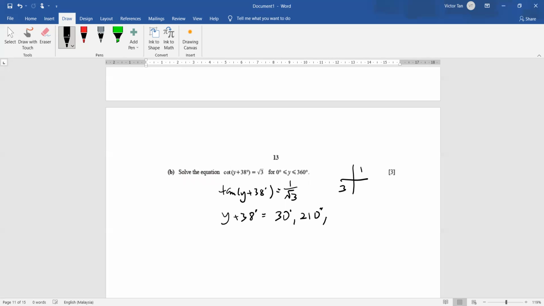Now I'm going to add one more cycle, 360 plus 30 degrees, for the simple reason that 30 minus 38 will be a negative value. So the answer must lie between 0 and 360. So this is 172 degrees and 352 degrees. That's it.